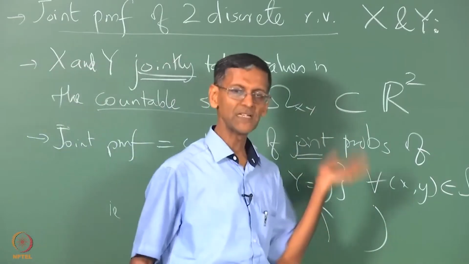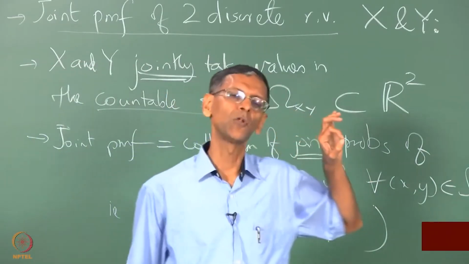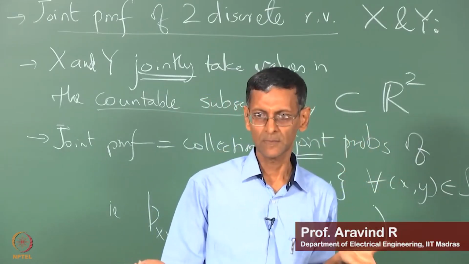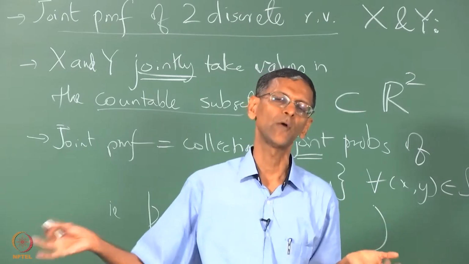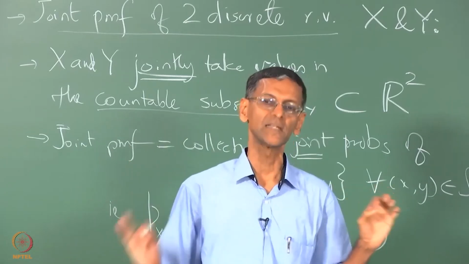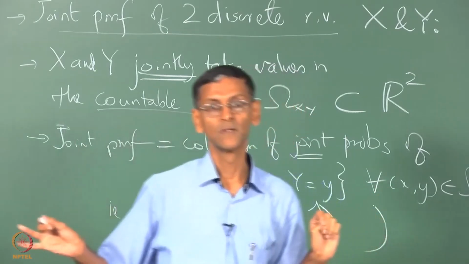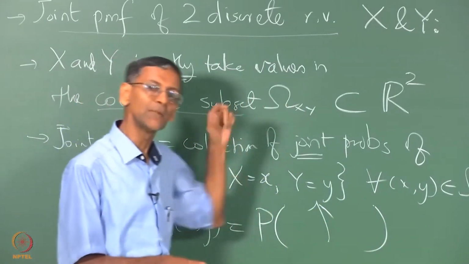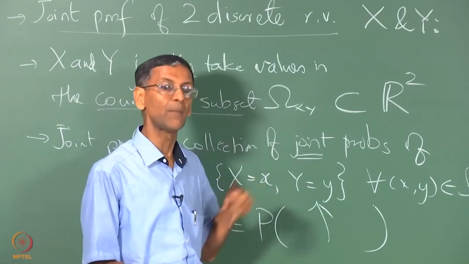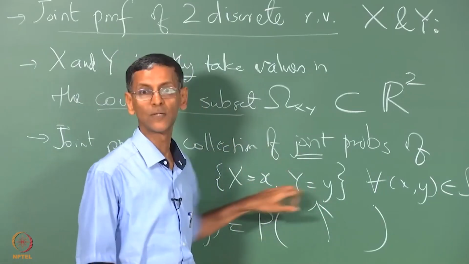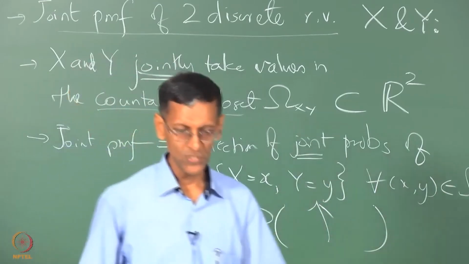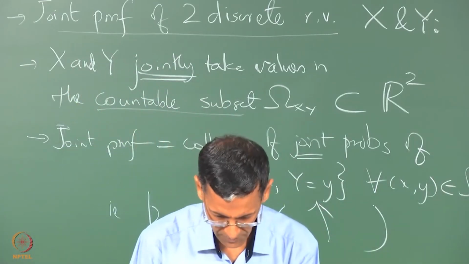If you go back to the picture which we drew, we have a point small omega in capital Omega which is mapped to one point for X and a different point for Y, and you are looking at when that point omega occurs, that X and Y occur together. So that is the joint event. Note also that you can get multiple points in capital Omega mapping to the same values x and y; that is entirely possible.